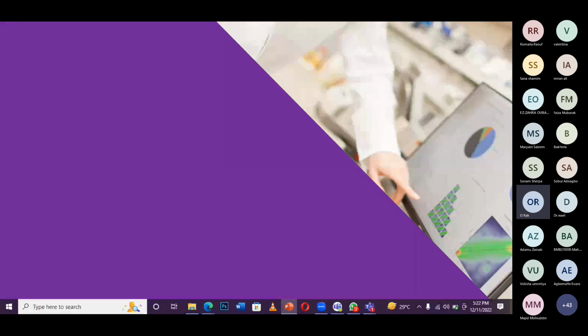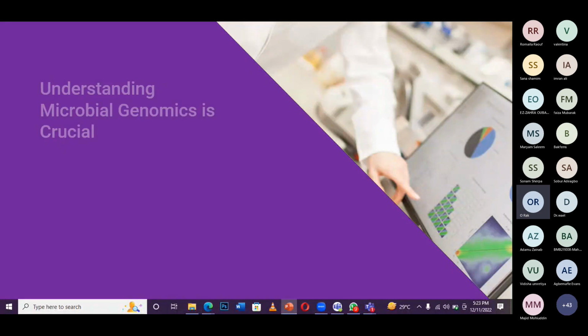Understanding microbial genomics is very crucial. If you are a PhD holder, a master's student, or even an undergraduate student with an interest in pursuing a research question in microbial genomics, in health, agriculture, or even environmental research, it is very important that you understand microbial genomics.